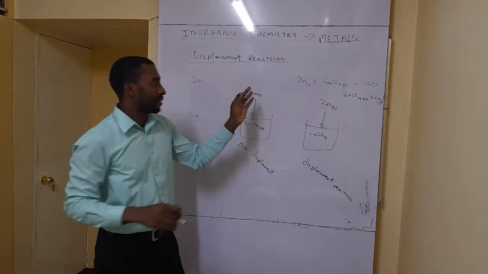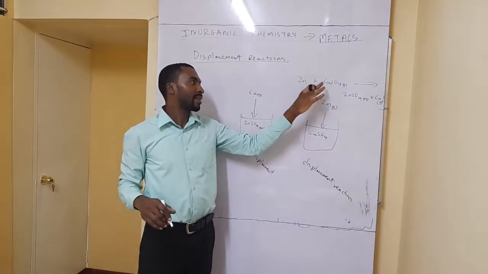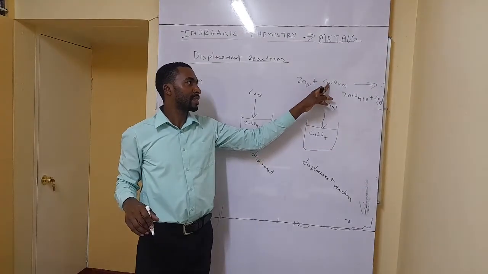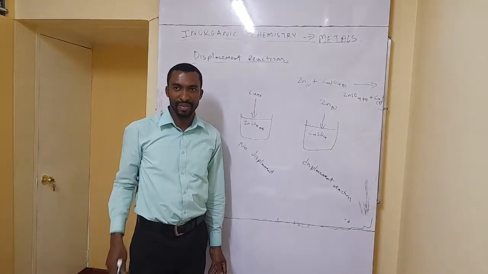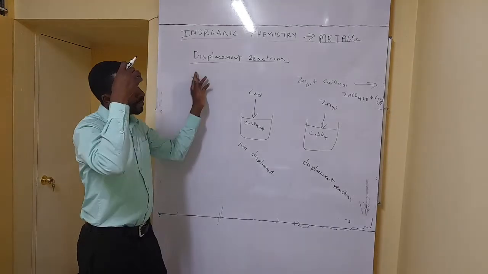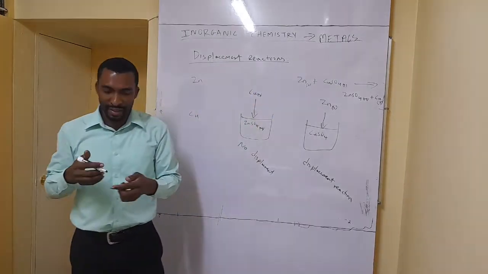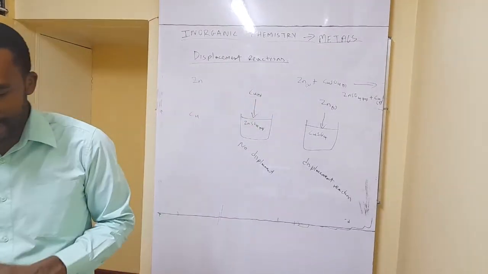The zinc is more reactive than the copper, so it's going to displace copper from the solution. That's what we mean. So this is a method which they use to put the metals in the reactivity series as well.